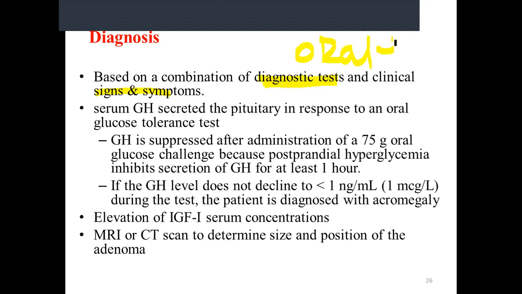I don't know whether you have covered oral glucose tolerance test in clinical chemistry. What does it mean? What does oral glucose tolerance test stand for?